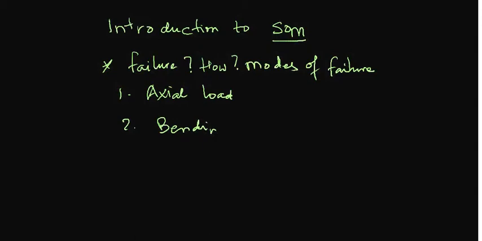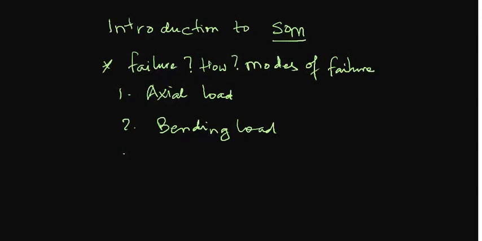Now, we'll be going into much more depth for these terms, but for the moment, let's just focus on the literal words that are here. Axial means something which is along the axis.